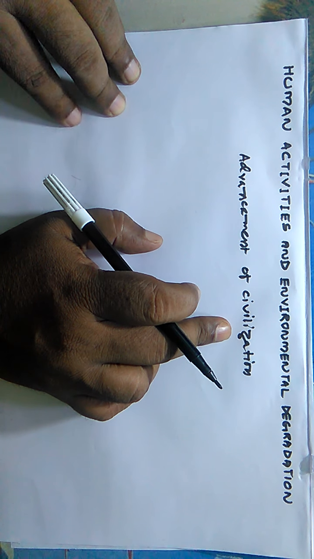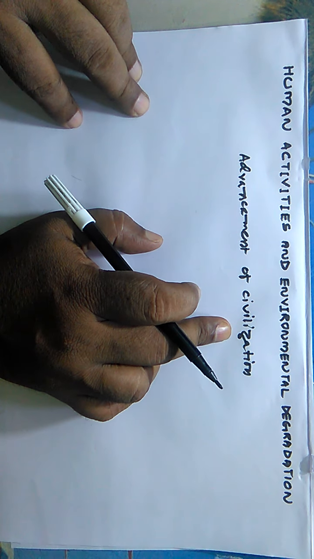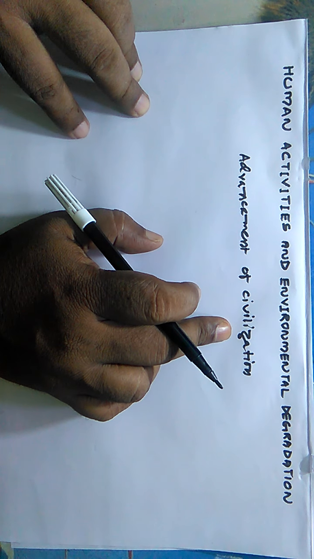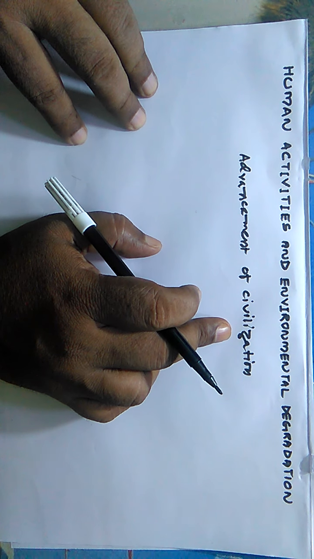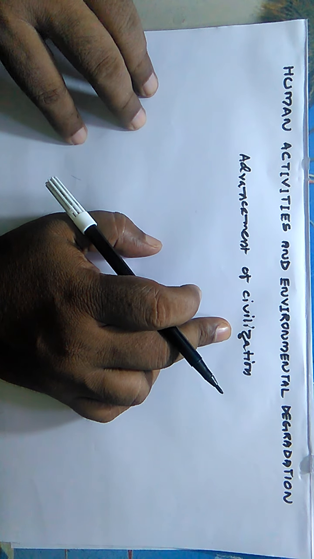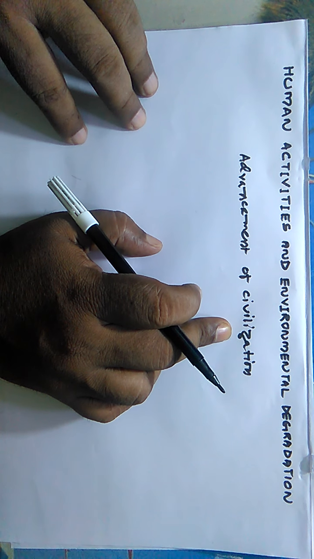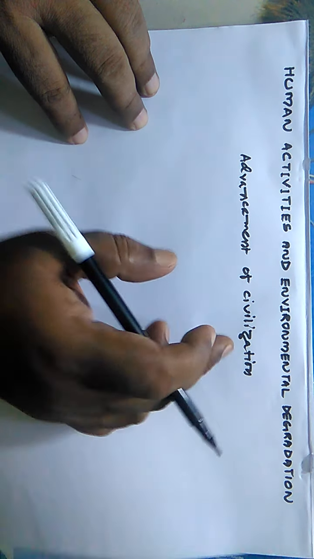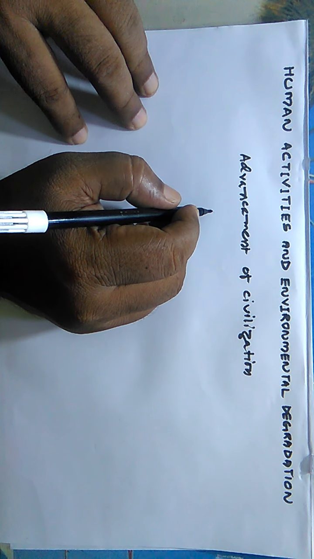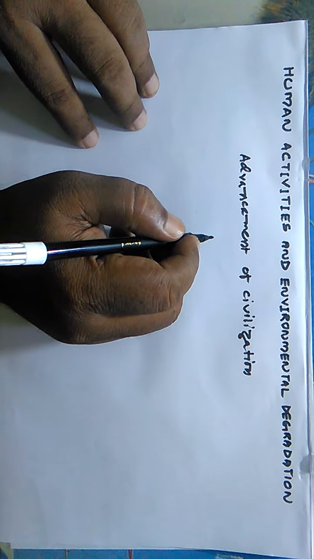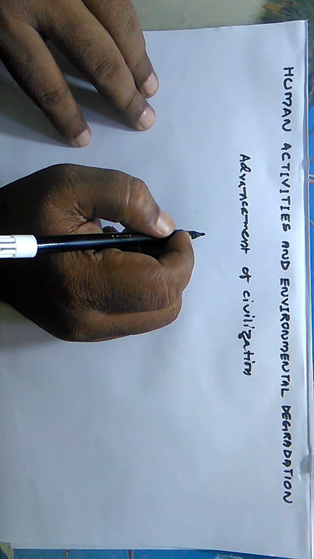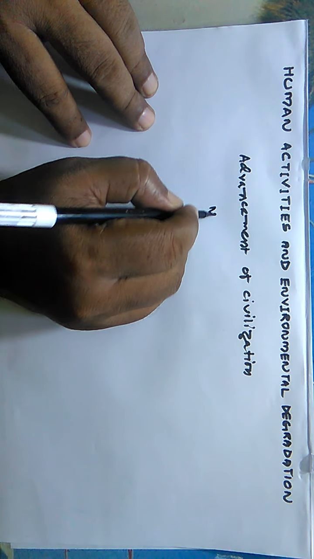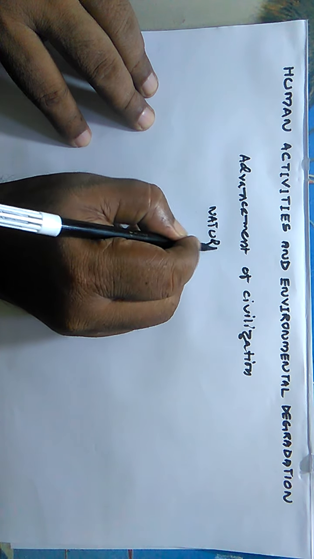Earlier, human beings at the start of civilization basically depended on nature. They were nomads. Normally, they used to live in caves, and their time was spent mainly on hunting and food gathering, or at most self-defense from the forces of nature. So their lifestyle was totally dependent on nature.